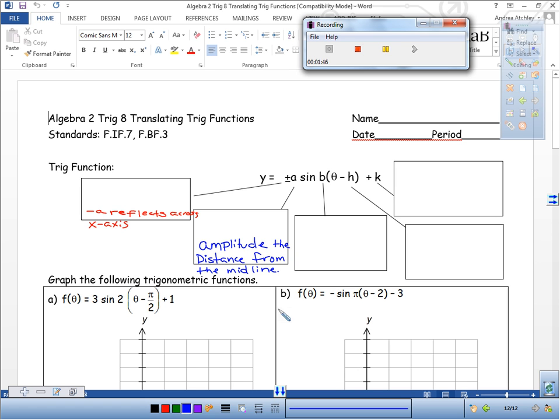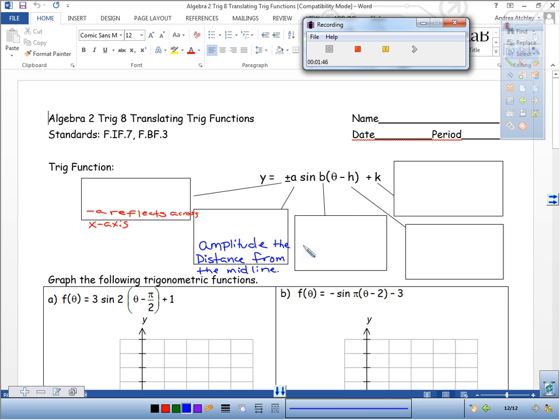Now when we graphed sine and cosine before, the midline was always at 0. Now it's going to change. Now we're going to shift it up and down, so the midline will be changing, depending on what the k value is. So the midline is going to be what the k value is. Now, any questions on that?